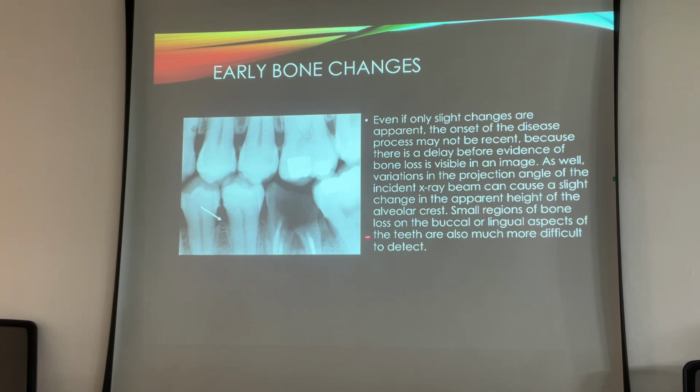Small regions of bone loss on the buccal or lingual aspect of the teeth are also much more difficult to detect. So you can see there's sometimes still a cortical bone but with irregularity, just like this, or you cannot see the cortical bone at all. That means the cortical bone is already lost.